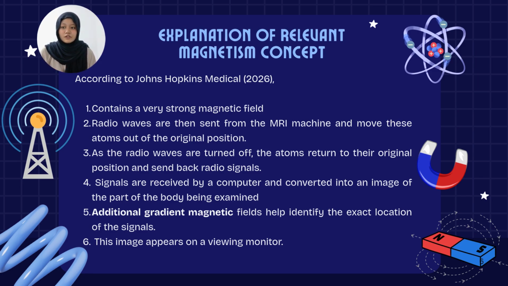So the gradient magnetic field slightly changes the magnetic field strength depending on the position, like left, right, up, down, and front and back. Because the magnetic field strength changes, the hydrogen protons at different locations will produce slightly different signals. And lastly, this image will appear on the viewing monitor.